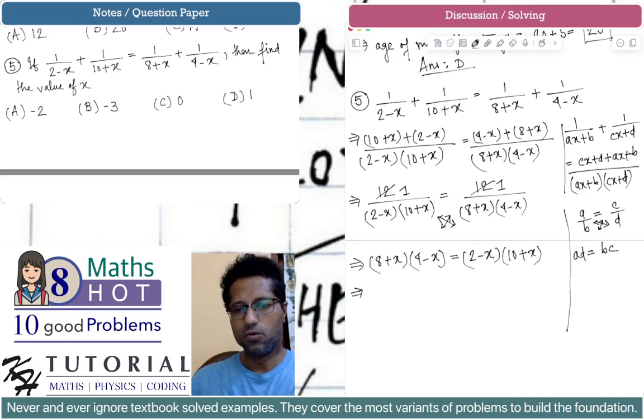So how do you do this? This is a product of two binomials and you have to apply the distributive law of multiplication twice.